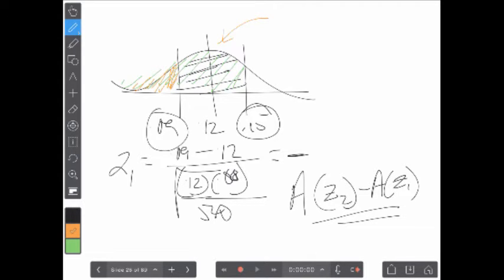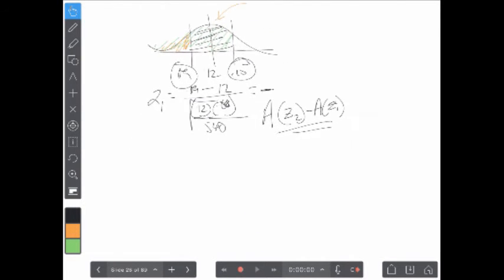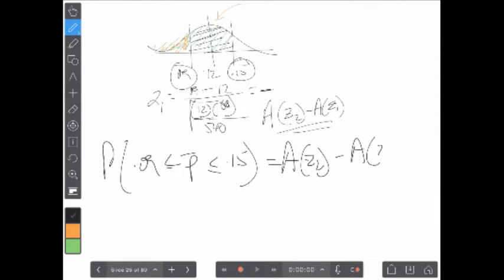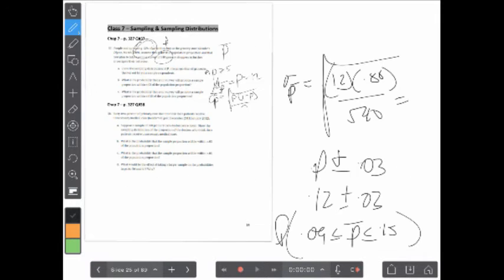To wrap this up, the probability that P-bar is between 0.09 and 0.15 will be the area associated with Z2 minus the area associated with Z1. You could compute those values, and that would solve the problem. Okay, let's go back and see what the third part of that question is.